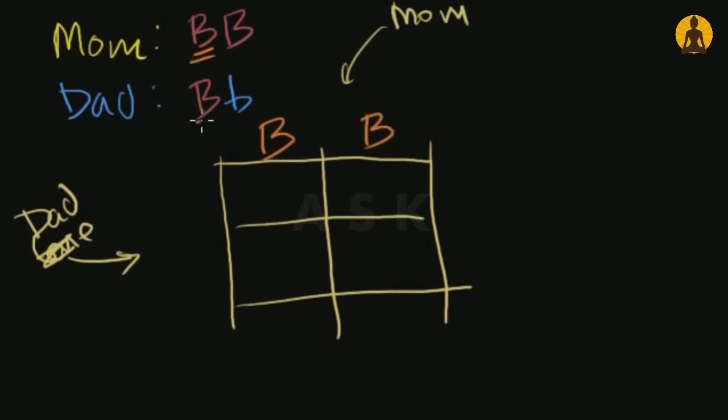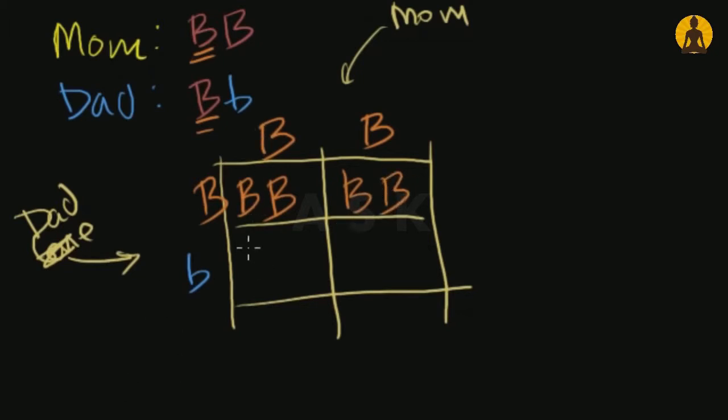The dad could contribute this one, the capital B allele for brown eyes, or the lowercase b for blue eyes, either one. So the different combinations that might happen: an offspring could get a brown allele from both parents. This could also happen where you get this brown allele from the dad and the other brown allele from the mom.